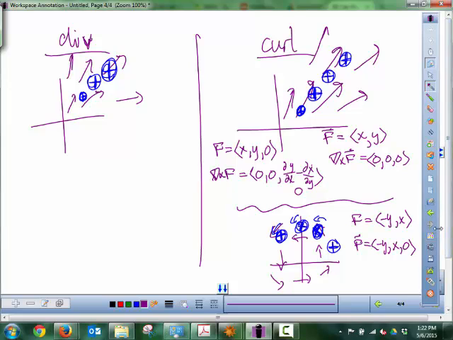And then let's take the curl of that. The curl of this is going to be 0 and 0. This 0 in the third component makes a bunch of zeros, because the functions don't have any z's in them, and then there's zeros here. So again, we'll take a closer look at that later.